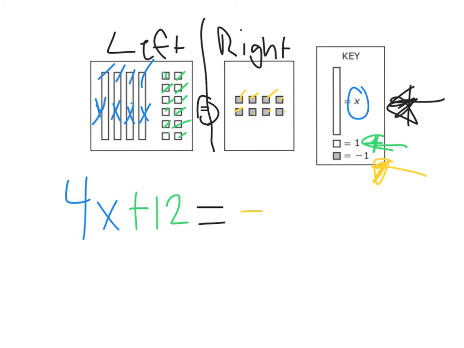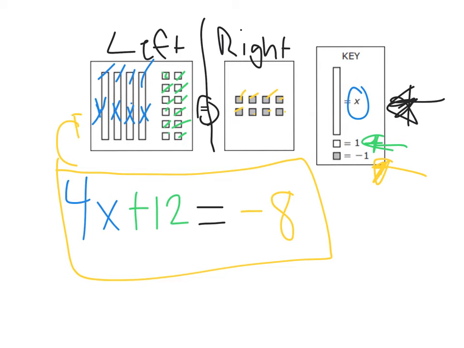So then I'm just going to write what I see. So now I have my equation that is modeled by this picture. I have 4 x's, 12 positives is equal to 8 negatives. And that's as far as we're going today.